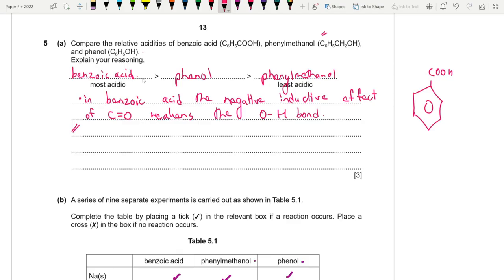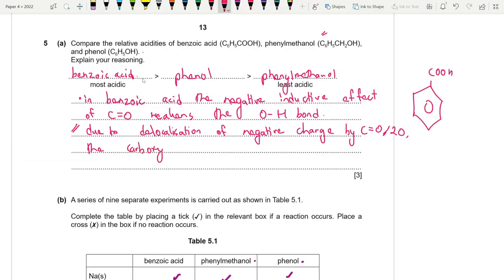Okay, so you could say that due to delocalization of the negative charge by the carbonyl group, or by the two oxygens present there, the carboxylate ion is stabilized. So this point goes in favor of carboxylic acid, benzoic acid.